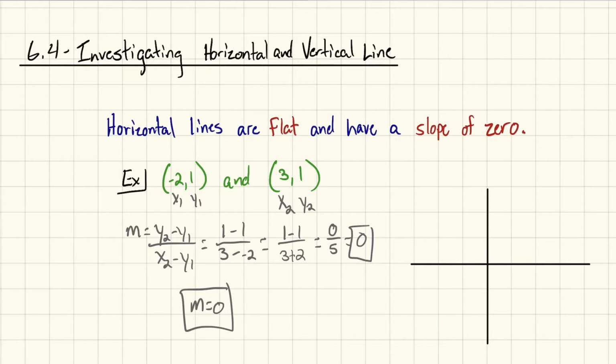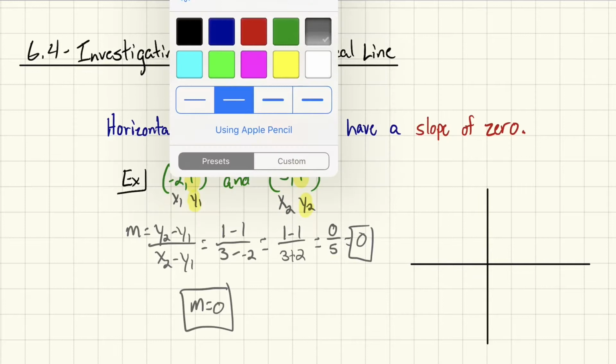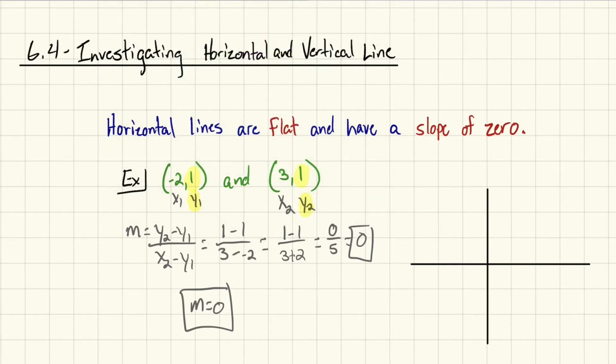To graph this line, all we have to do is take a look at the 2 numbers that match. Those 2 numbers that match are my y values, so all I have to do is go to the y-axis, labeling my points here like we should on all of our graphs.